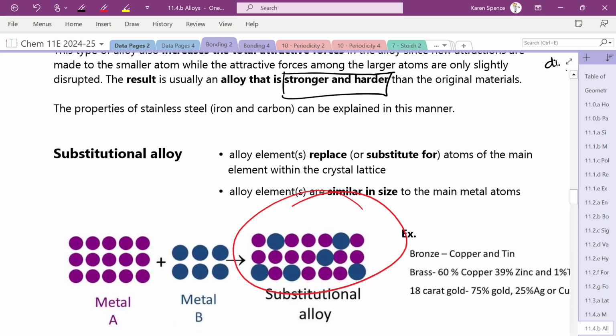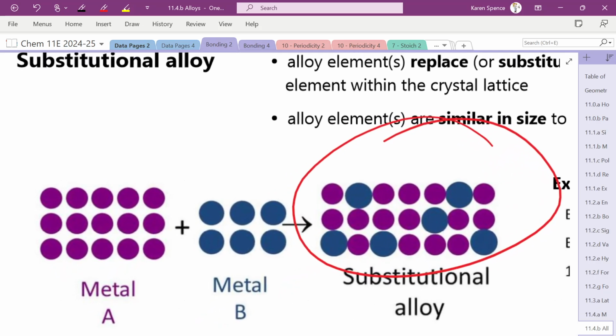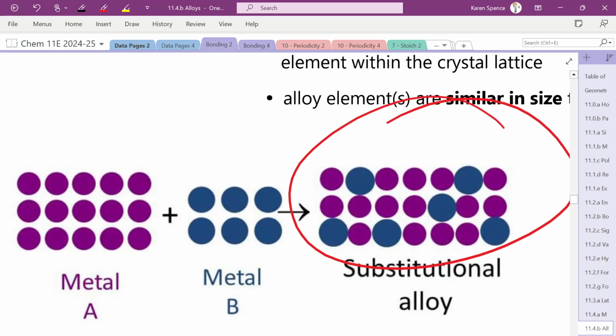Okay, substitutional alloy. So instead of sticking things in little spaces in between, what do we do? We substitute something of similar size, right? So instead of just having purple, purple, purple, purple, we'll have purple, blue, purple, purple, purple. Okay?